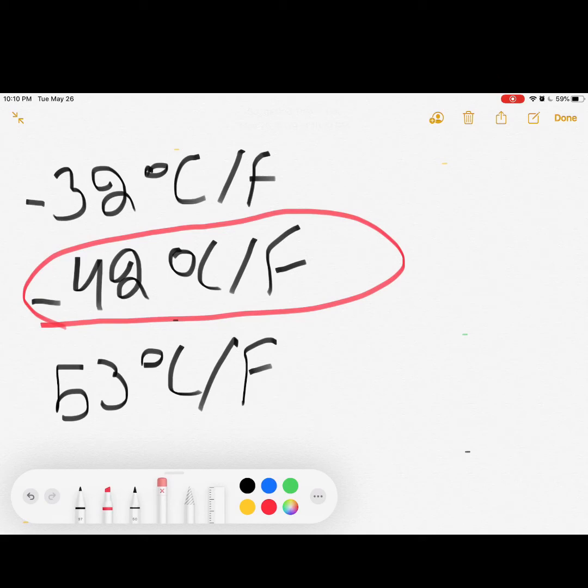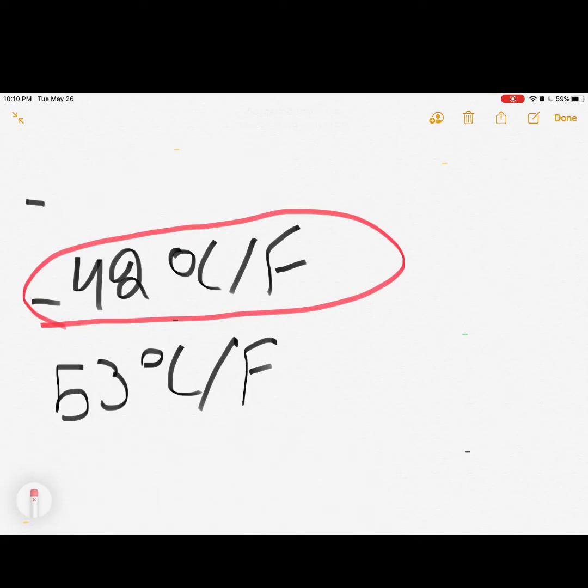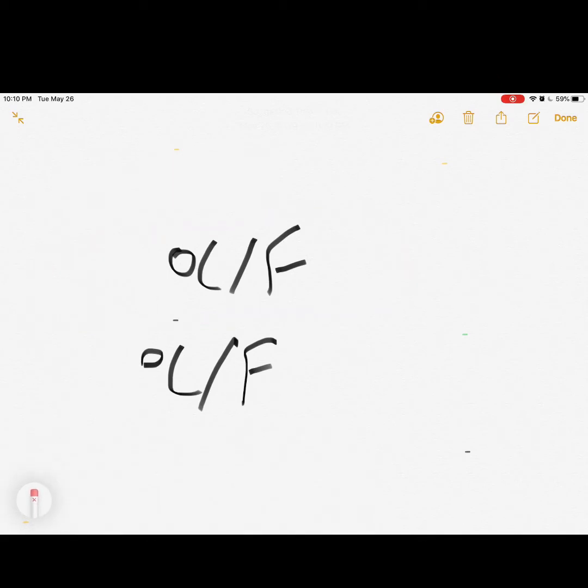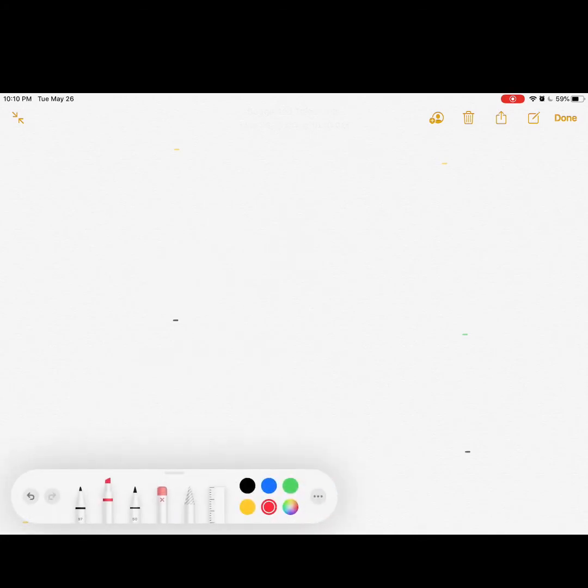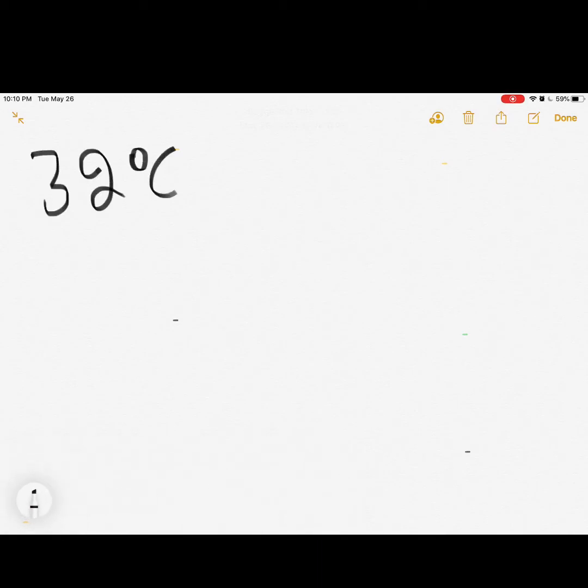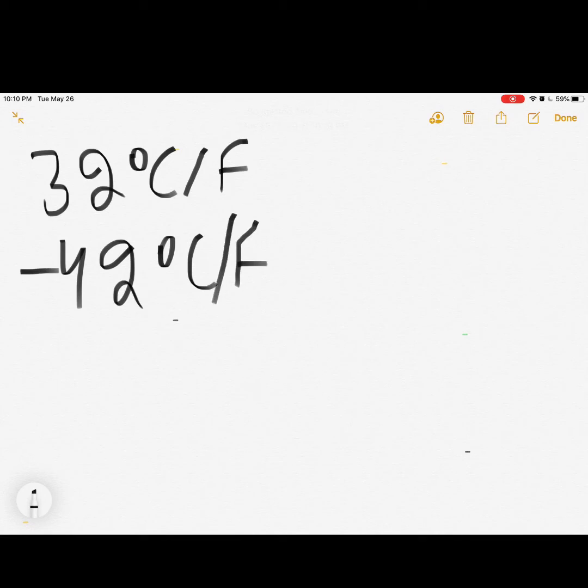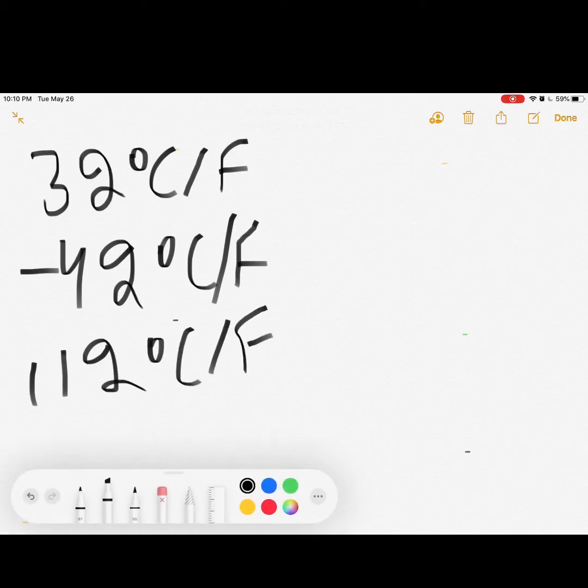Let's take this again, but with which temperature is the warmest temperature? Let's see right now. I'm going to write it on the screen. Okay. 32 degrees Celsius / Fahrenheit, or -42 degrees Celsius / Fahrenheit, or 112 degrees Celsius / Fahrenheit.